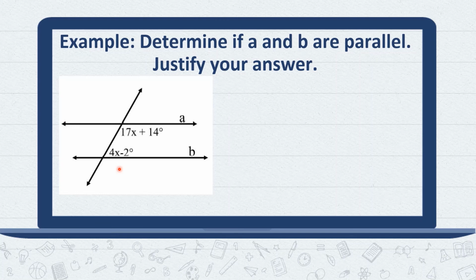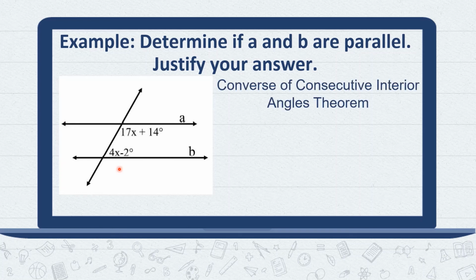We are going to look for the value of x to prove that line A and line B are parallel by the converse of the consecutive interior angles theorem. To solve for x, we have here 17x plus 14, galing yun dito, plus 4x minus 2, which is equal to 180 degrees, since we know that they are supplementary.